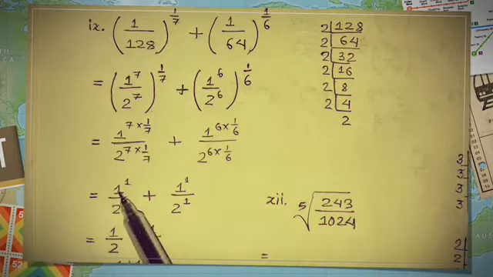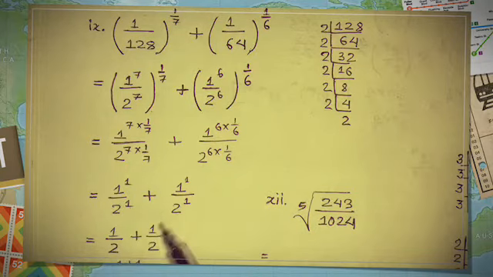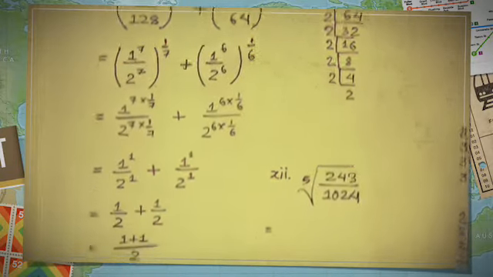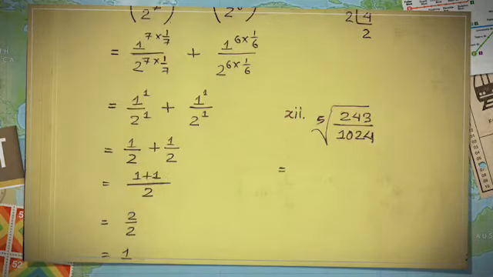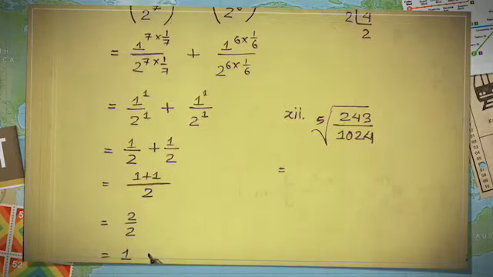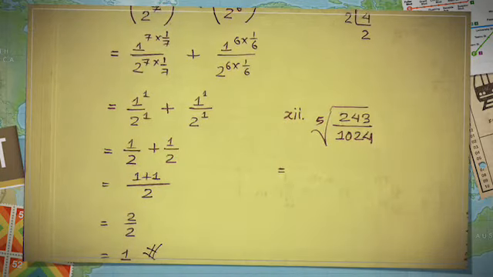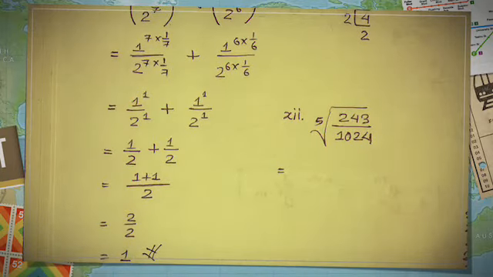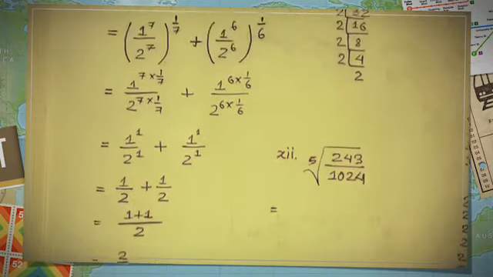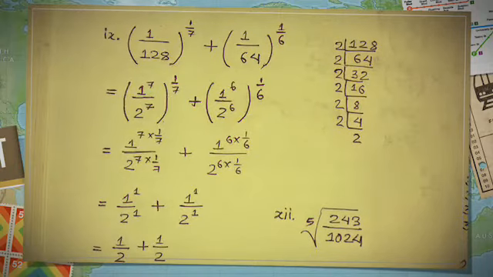Then 1 to the power 1 means 1, 2 to the power 1 means 2, and here also the same. And by taking LCM, 2, then 1 plus 1 is 2, 2 by 2 is 1. This way we can do it. For this you must know the laws of indices, the 6 laws, then you can do it easily.